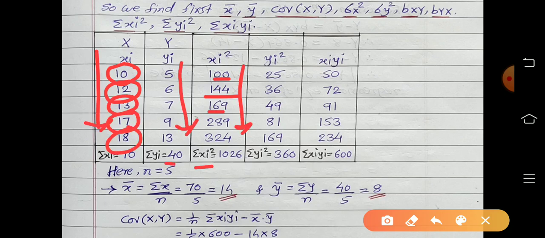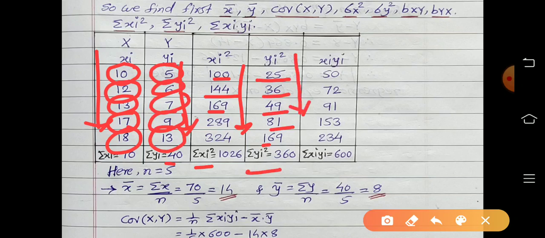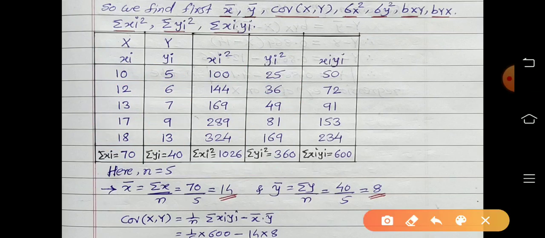Yi square means we square the values of y: 5 square is 25, 6 square is 36, 7 square is 49, 9 square is 81 and 13 square is 169. We add them, indicated as summation of yi square, that is 360. Afterward we make the product xi yi in the last column: 10 multiplied by 5 is 50, 12 multiplied by 6 is 72. Like this we multiply and take the total, summation of xi yi, which is 600.